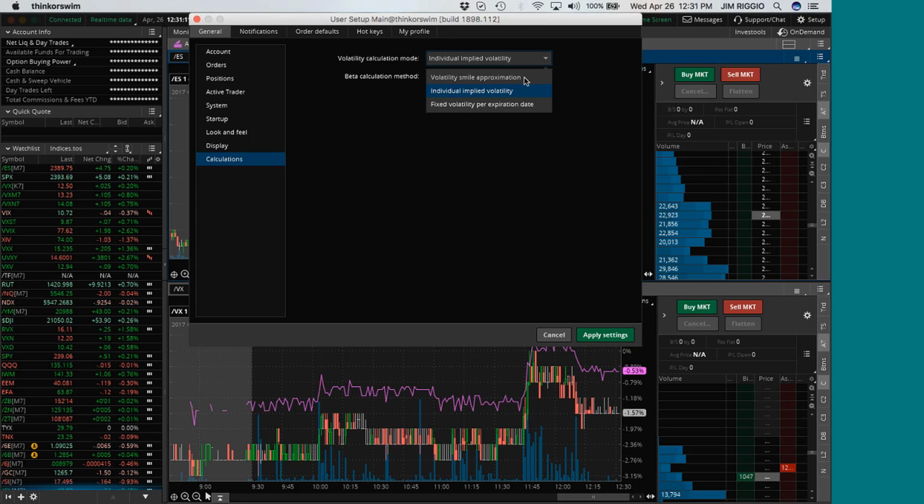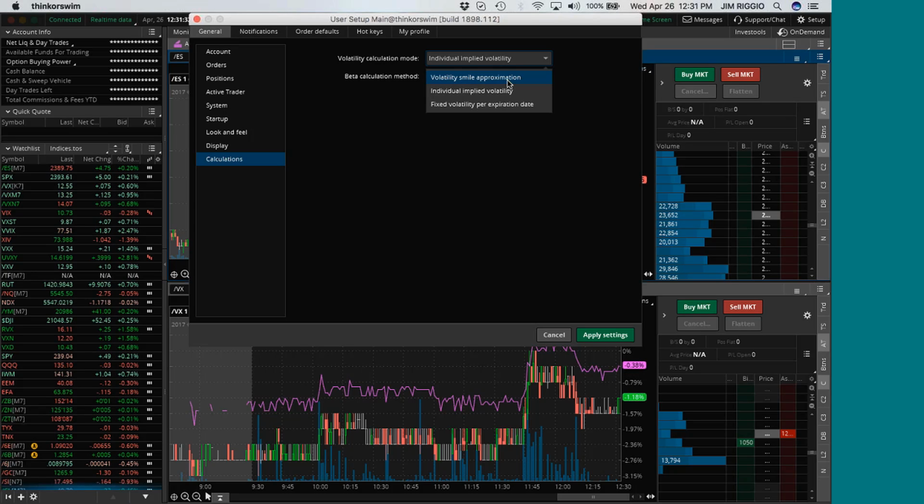You can have them do a smile approximation. Do not do this. It will not yield what pricing will really trade for. What they are doing there is taking the curved lines that we showed and trying to approximate them into a single smile.